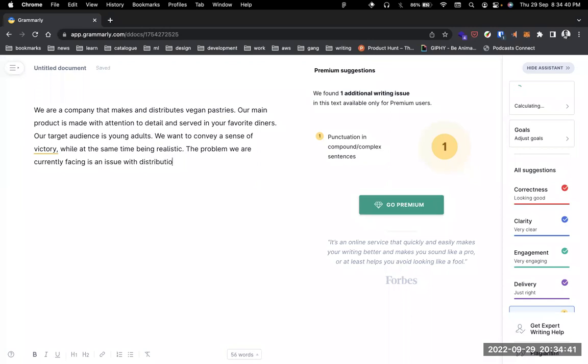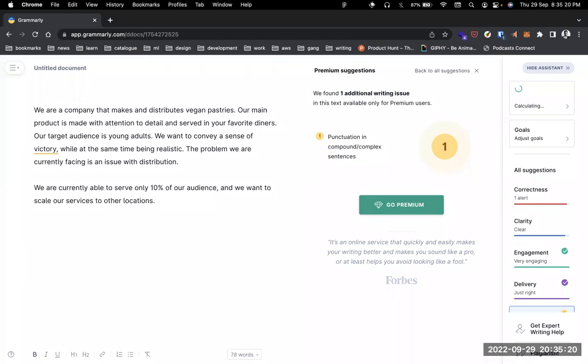We are currently able to serve only 10% of our audience, and we want to scale our services. So we're currently able to serve only 10% of our audience, and we want to scale our services to other locations.